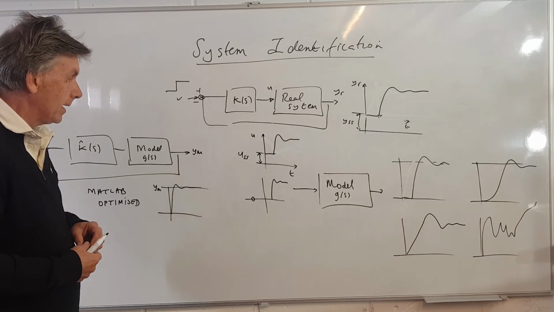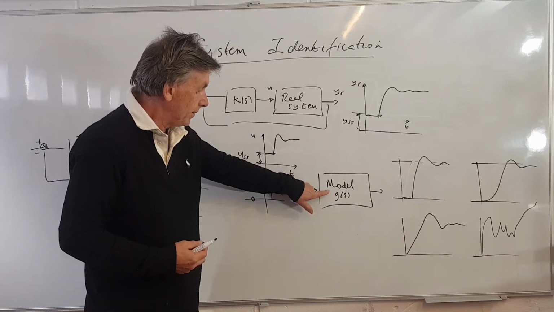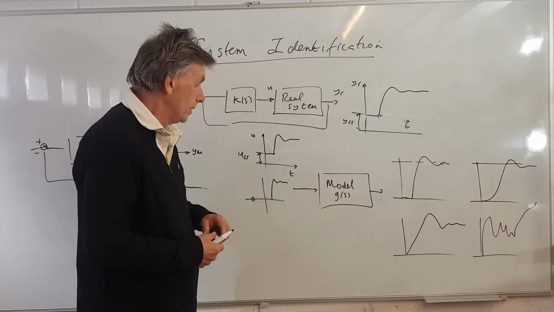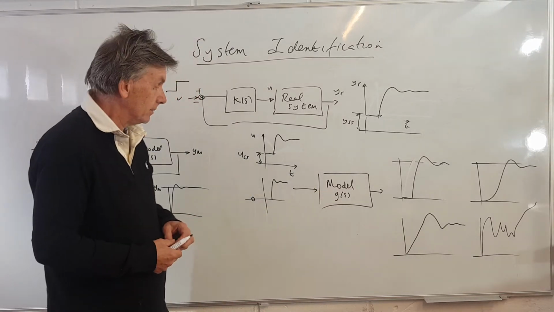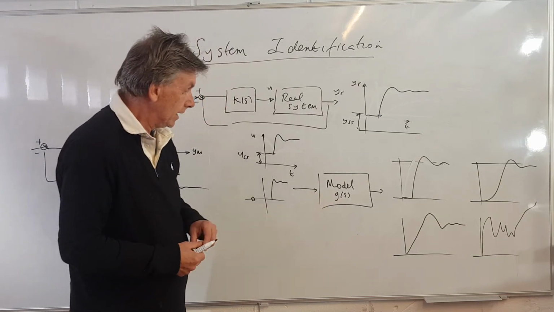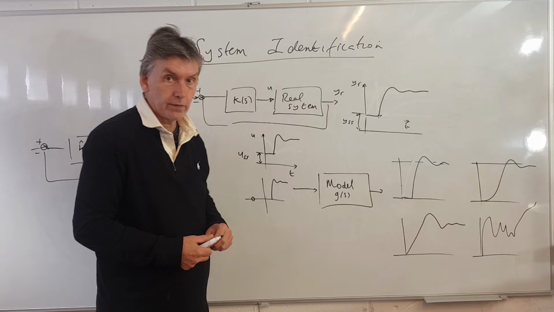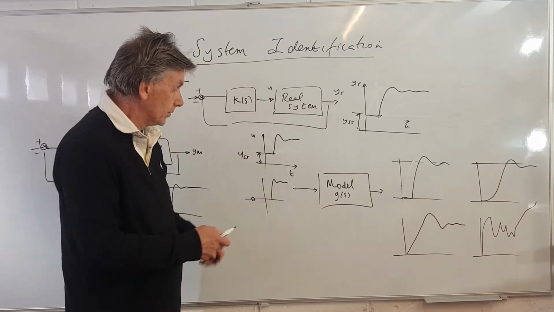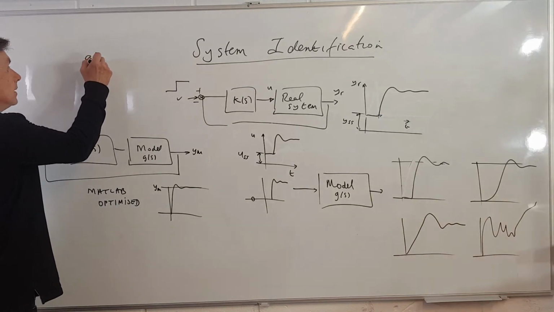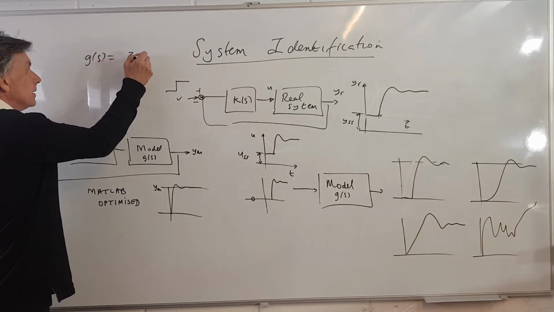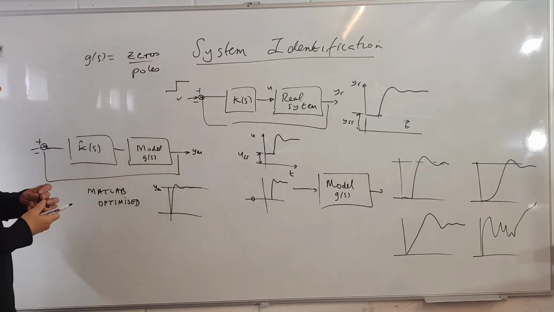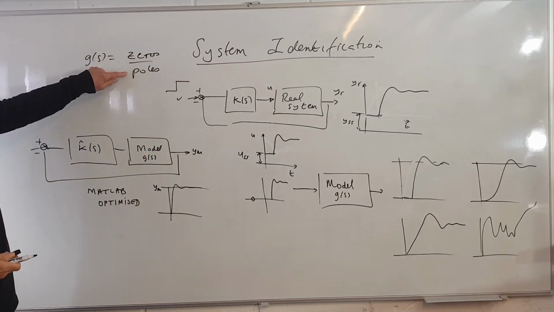Now what we can do is use different methods for modelling the transfer function. We could do trial and error, or we could use the MATLAB system identification toolbox. One of the issues here is that you've got to choose the transfer function. In the transfer function, G(s), we've got zeros and poles, and you've got to choose how many poles and zeros you have.